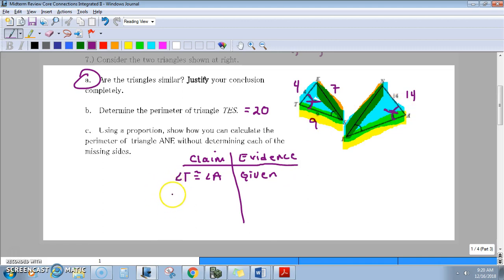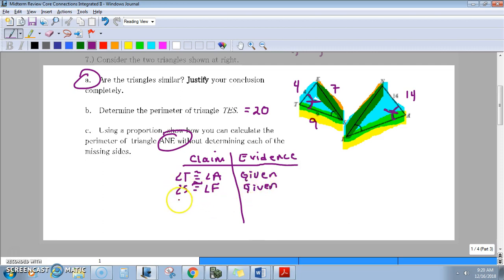So the same thing you could say for angle S is congruent. My claim is that it is congruent to angle F, and I know that because I looked here, and that is also given. Okay.